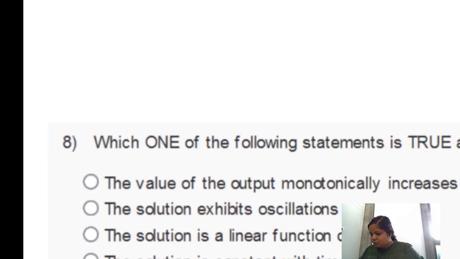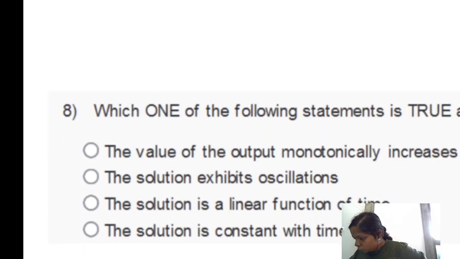Now the next question that I was asking, and probably I lost the connection, was this. Which one of the following statements is true about the solution to problem 6? So can you tell which of these statements is true? Let's say I want to check the first statement only: the value of the output monotonically increases from its initial value to final asymptotic value. So what does this statement really mean? It just means what happens as time approaches infinity.